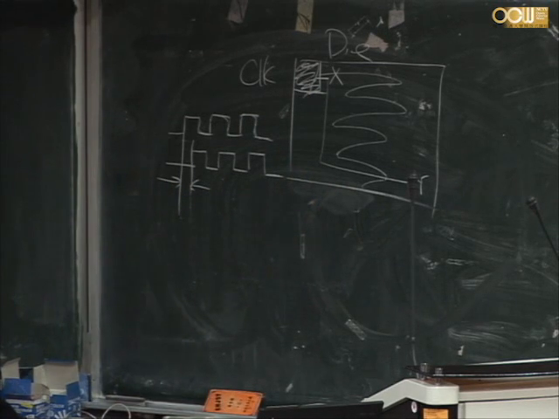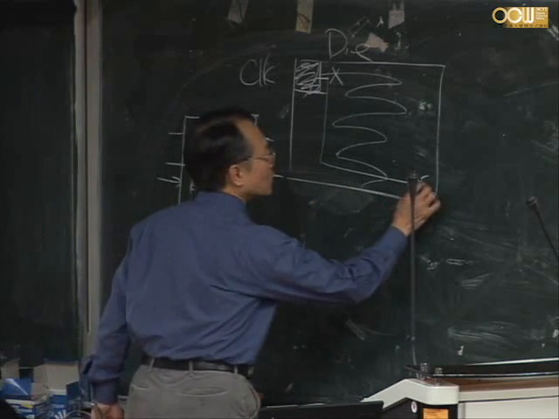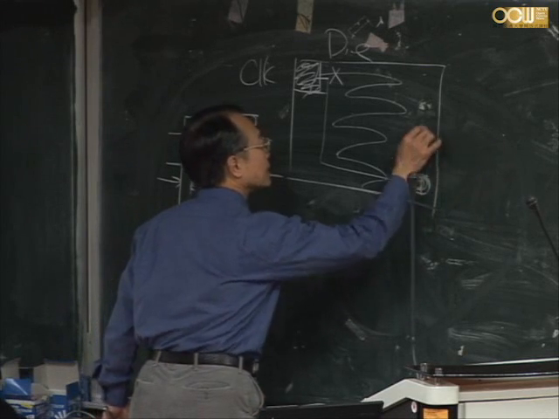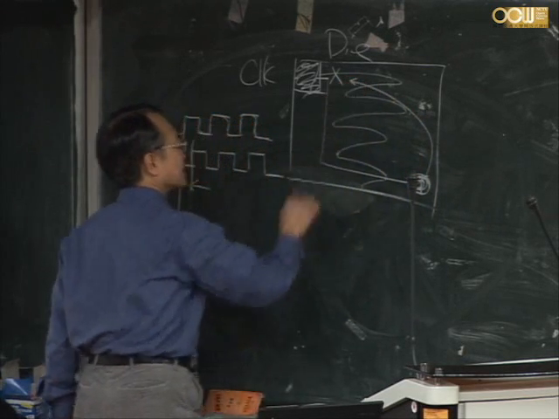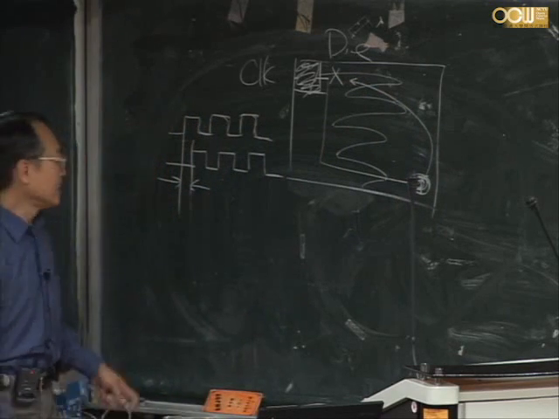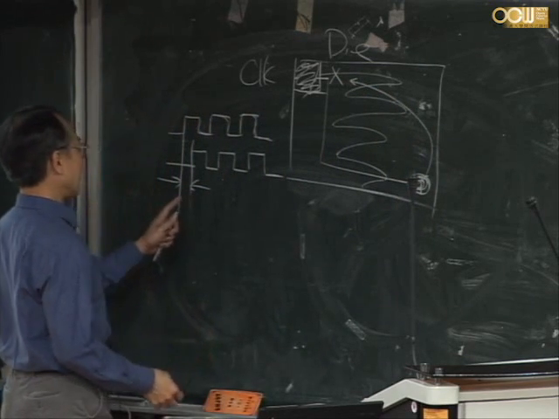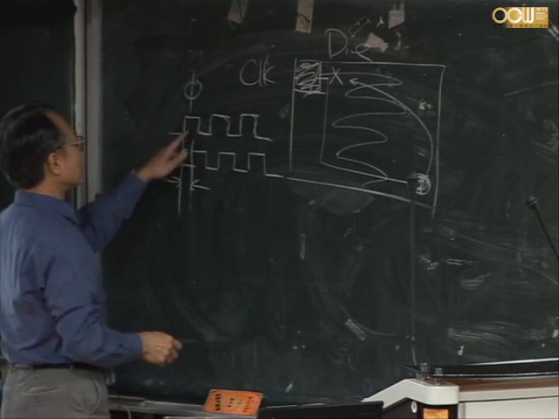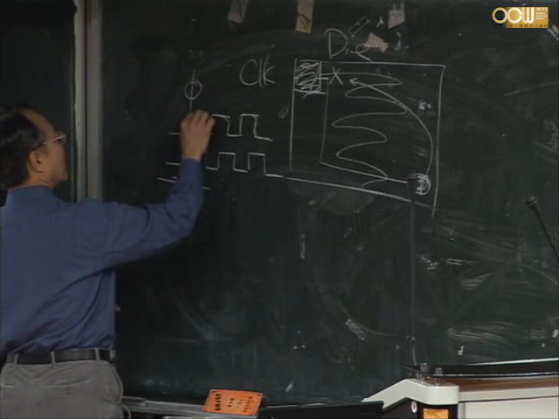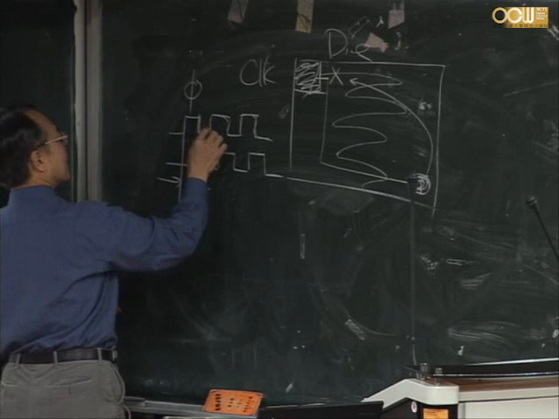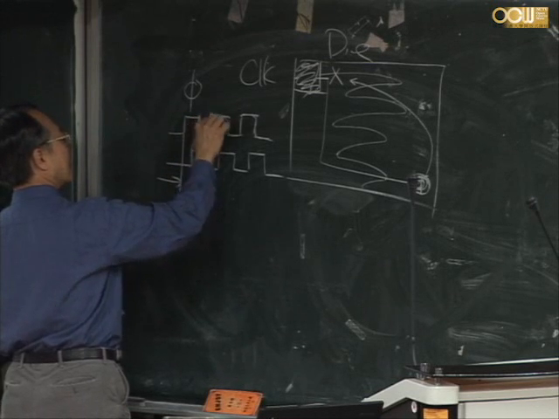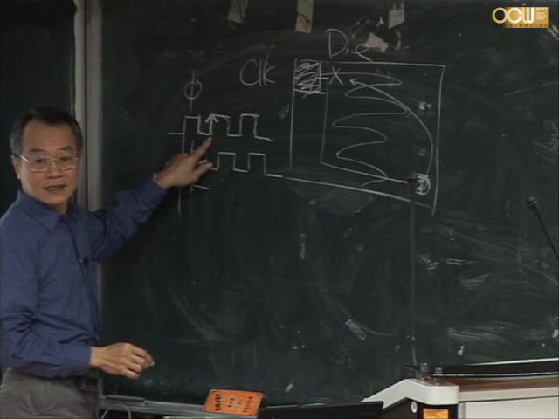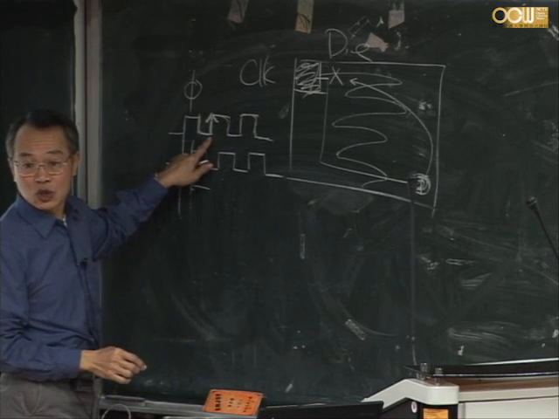Okay, but worse yet, Y needs to do some computation and send the signal back to X. Okay, so X says, this is clock cycle 0. I want to get the result back from Y at maybe here. Okay, I want to see the result from Y at the next rising edge.